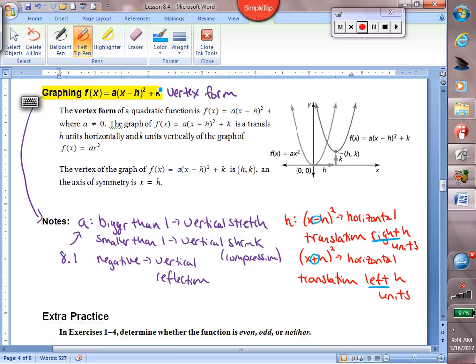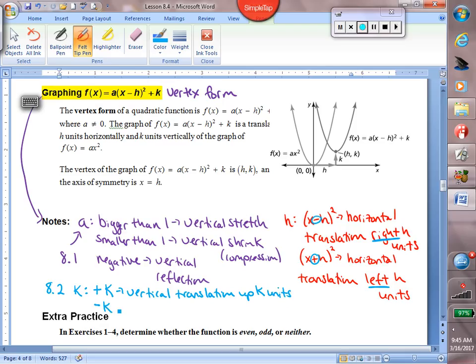Our final piece is our k value. That is what we worked on in 8.2. If we're adding a value, if we're adding k, that caused a vertical translation up k units, and again, k will just be any number.